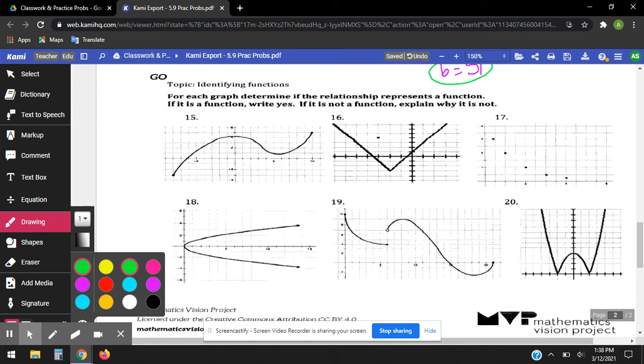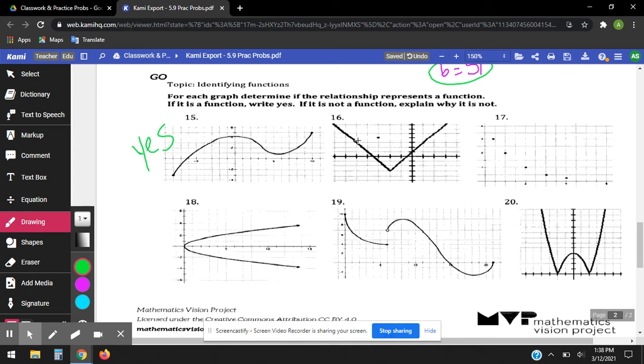All right. For each graph, determine if the relationship represents a function. If it is a function, write yes. If it is not, explain why it is not. All right. 15 is a yes. We can go across, and we only have one x value, one y value for every x.